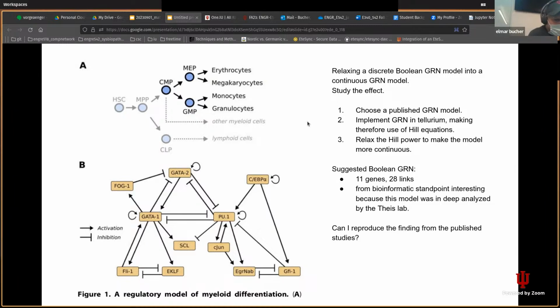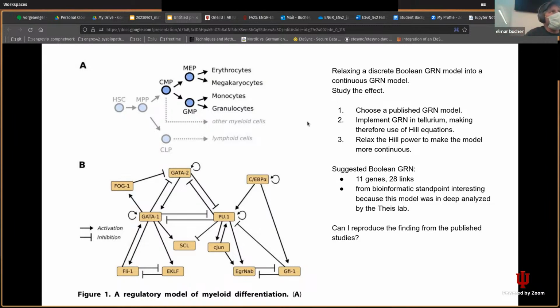So, okay, we talk about Markov models, and Markov models are reaching a steady state, and they have the probability from one node to another node, and they will reach a steady state.